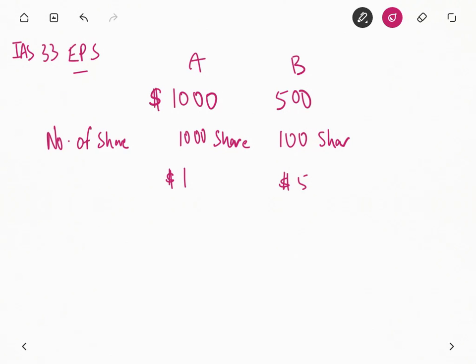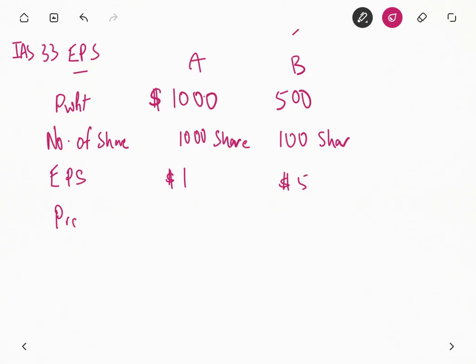As an investor, of course, B will be happy. You look at the profit, A makes more profit, but as an investor, B will be the happier one because they make 5. But what happens if you are not yet the investor? This is your earning per share: your profit after tax minus your dividend.